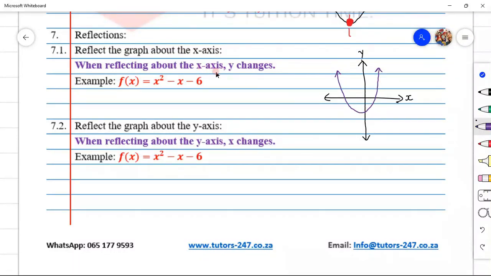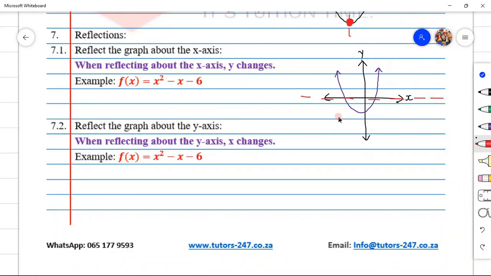Now, if we were to reflect our graph f about the x-axis, that means our reflection would be on this line here. So we would basically fold our paper about this line, and the top of our paper needs to touch the bottom of our paper. So that is folding our paper along the x-axis.